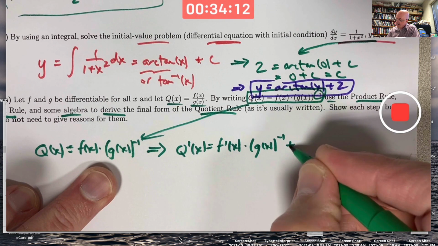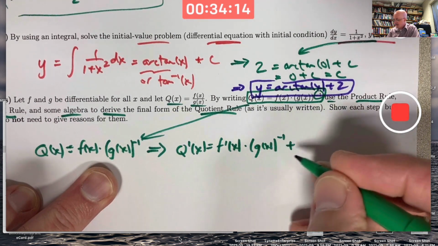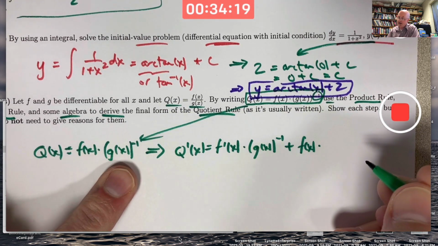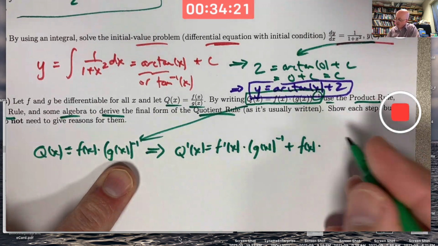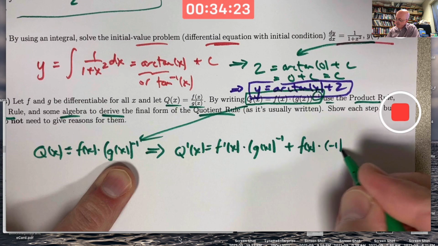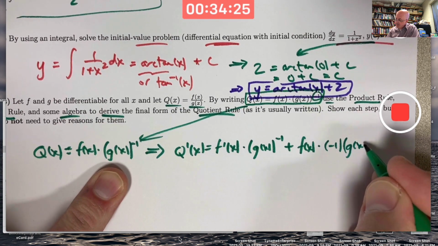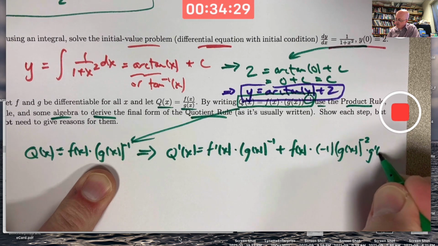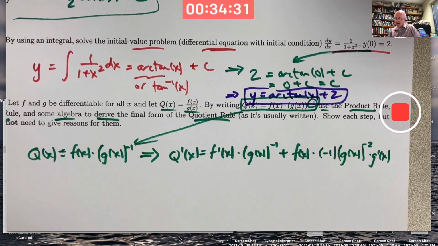So that's the derivative of the first function times the second function, plus the first function times the derivative of the second, g of x to the -1 power, which I need the chain rule for. Bring the -1 down, subtract 1 from the exponent, so I get g of x to the -2 power, then multiply times the derivative of the inside function, g prime of x.